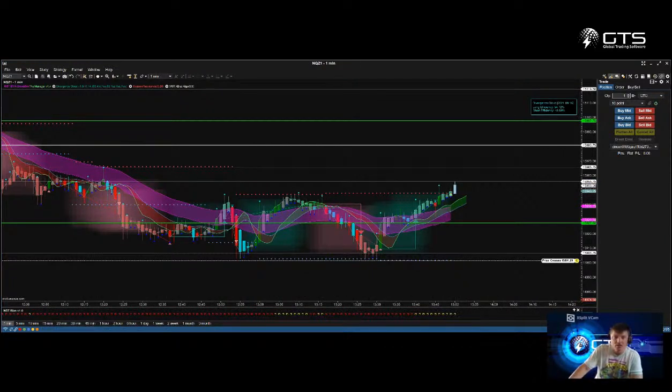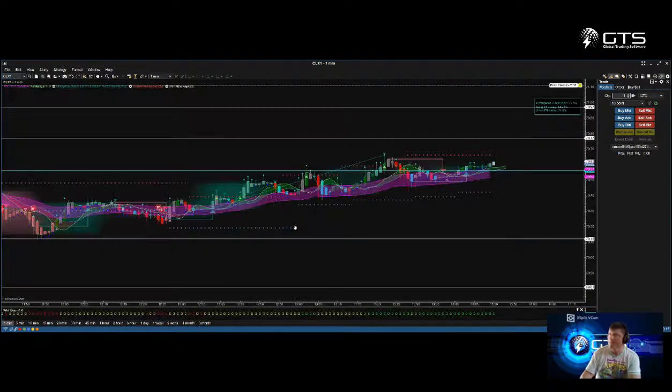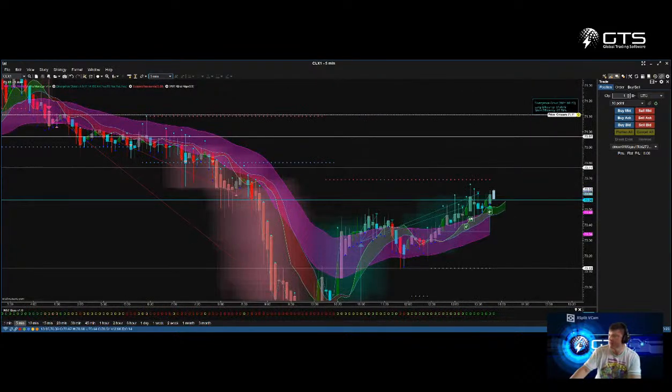All right, so just got a buy alert for oil. Let's take a look at oil. CLX. Oil on the fiver. There we go. 4, 5, 6 star. Wow, that's really promising.